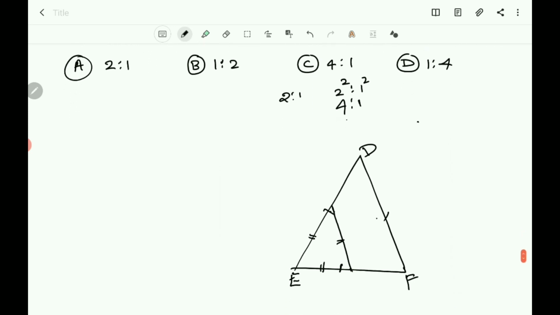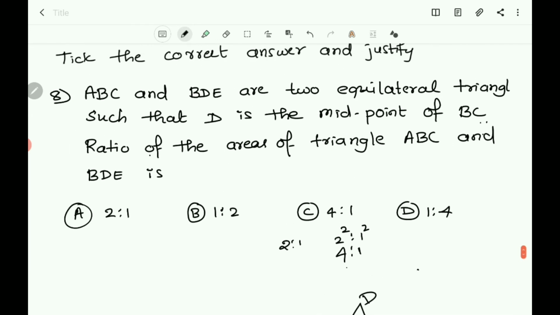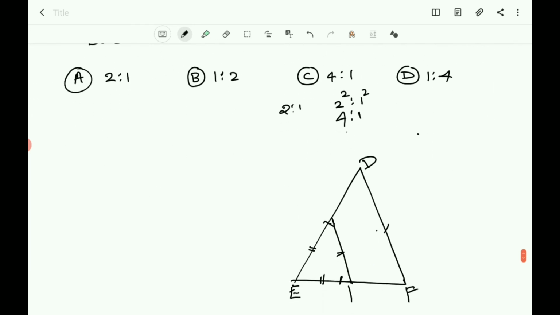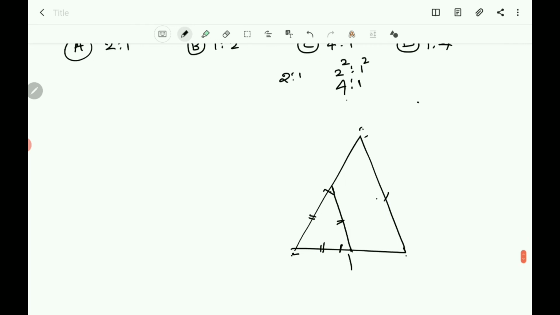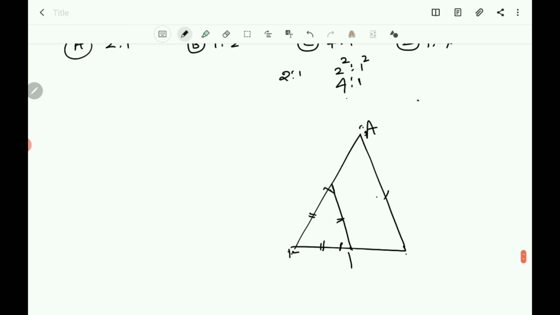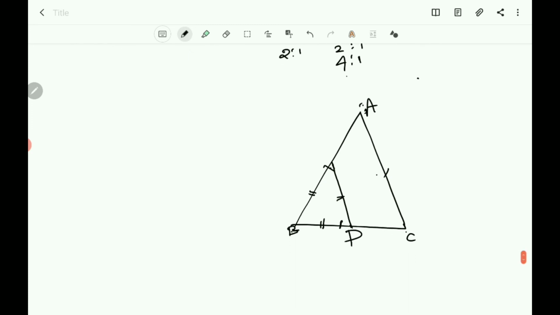So if you take the example here, let us have the triangle ABC. This is a triangle ABC and this is a point D, and you know that here D is the midpoint of BC.